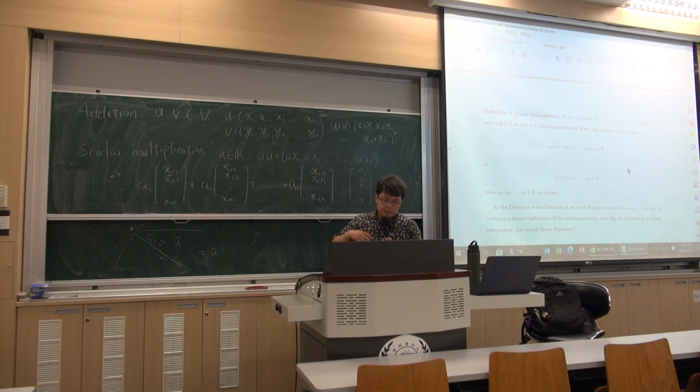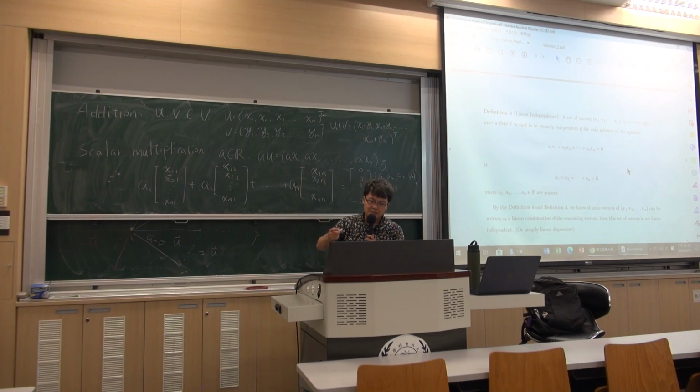And what if you figure out there is some a-bar, some a_n, that is not all zero, and we can still solve this equation?